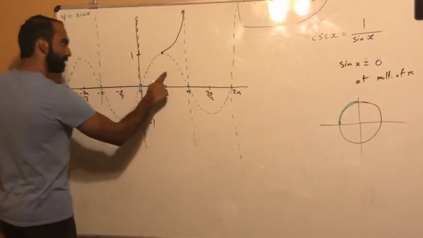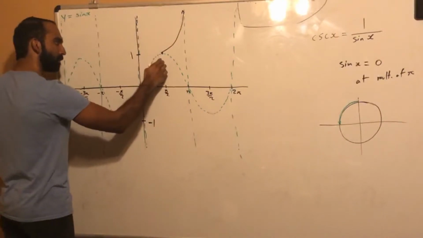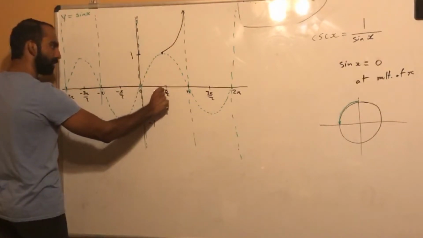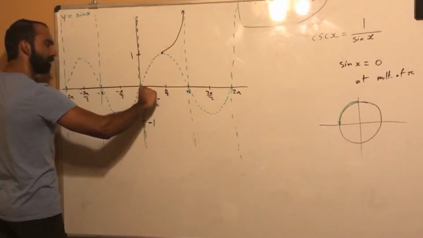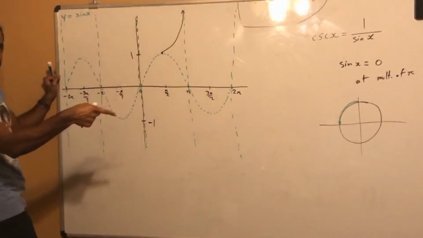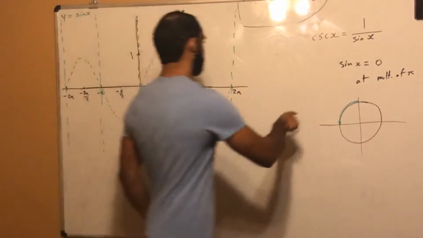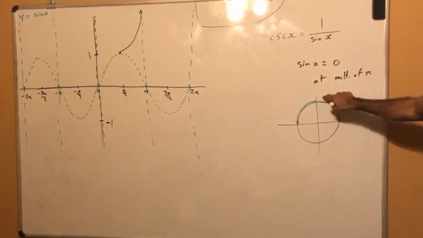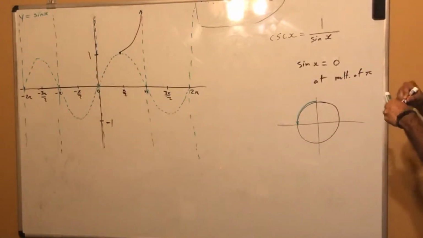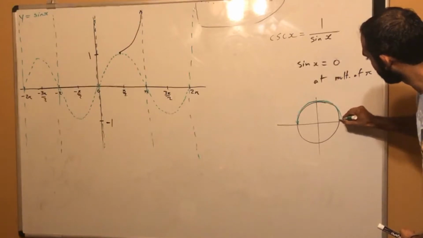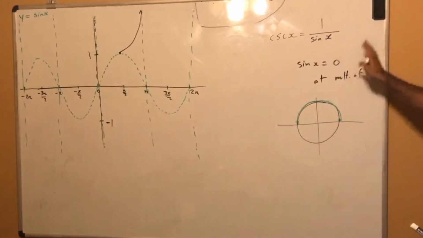So now, similar argument, when I go from pi over 2 to 0, moving from the right is what kind of rotation on the unit circle? Clockwise. So pi over 2 to 0, but let's say I stop just short of it. Again, I don't want to be undefined. I don't want 1 over 0.